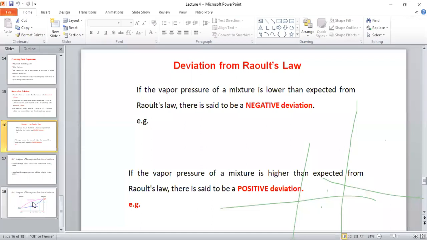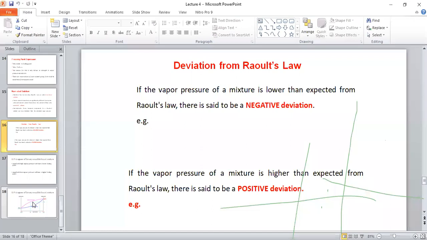Of course, what we expect from Raoult's law is an ideal situation. When there is a deviation from the ideal situation, it could go lower than what we expect, that is negative, or higher than what we expect, that is positive deviation.